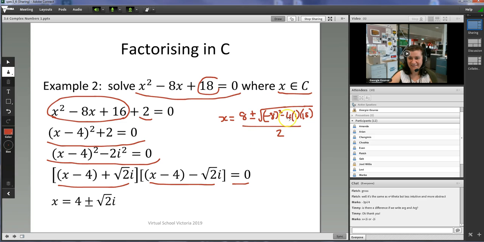Now, underneath the square root would be a negative number. What is it? Anyone worked it out? What's the negative number under the square root in this case? It's 64 minus 4 times 18. What's that? Anyone got that one? What is that?